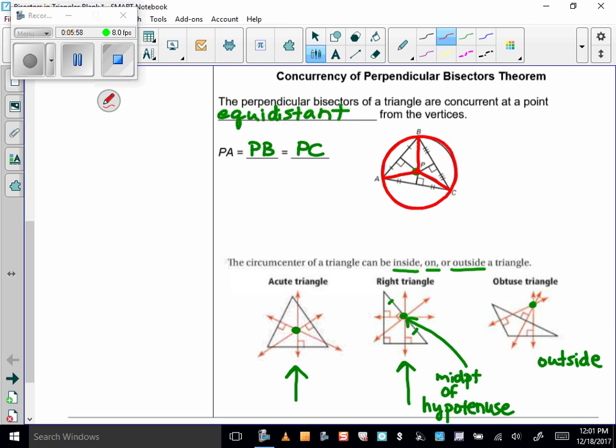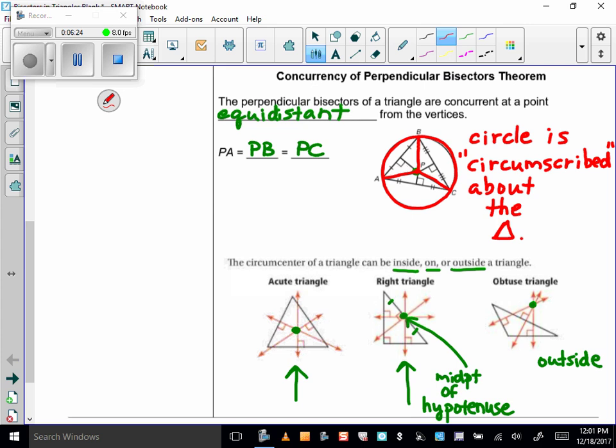And what that's called is, this circle is circumscribed, not to be confused with circumcised, circumscribed about the triangle. So every time you find the circumcenter of a triangle, you will be able to circumscribe a circle about that triangle.